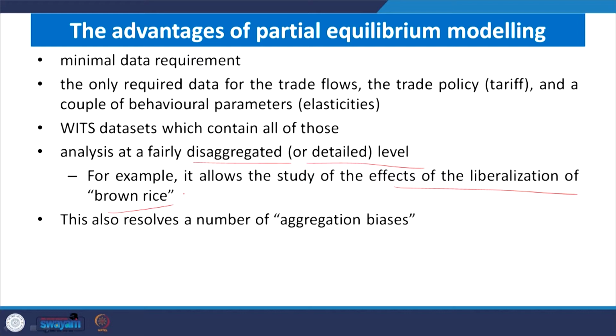For example, it allows the study of the liberalization of brown rice particularly, whereas the effects on brown rice cannot be captured individually in the general equilibrium analysis because it gets aggregate information, maybe for the rice segment. Here we are saying brown rice particularly.